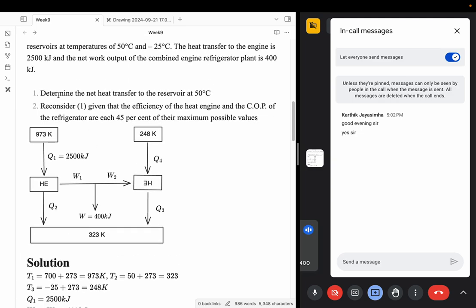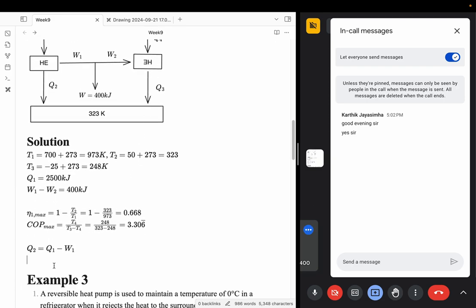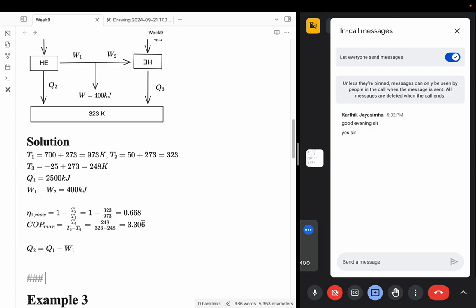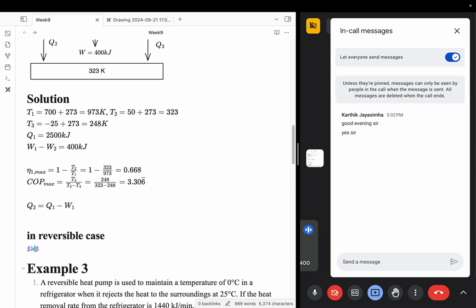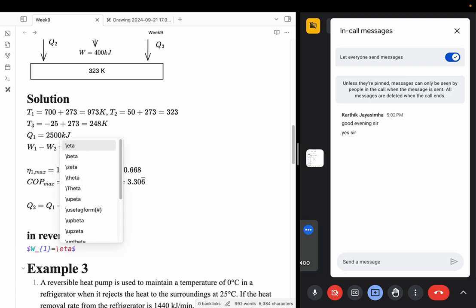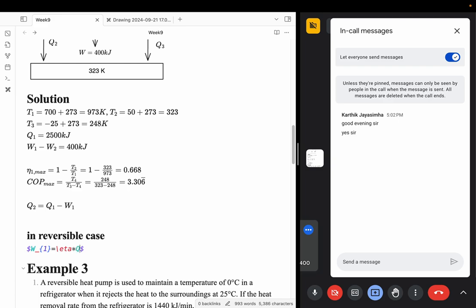The first one asks to determine the net heat transfer. For the first one you assume a reversible process, so eta will be equal to eta max. If it is a reversible process, then we can directly calculate W1 as whatever eta that we have times the net heat supplied. So in this case, eta is 0.668 times the net heat supplied, 2500.